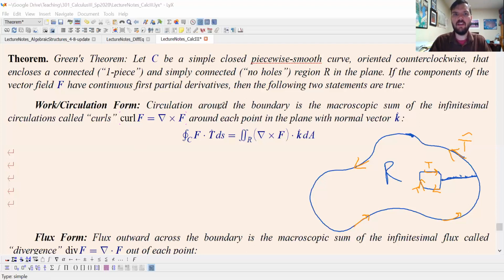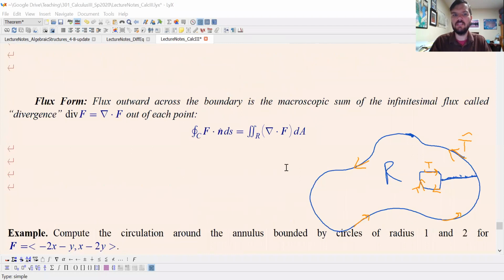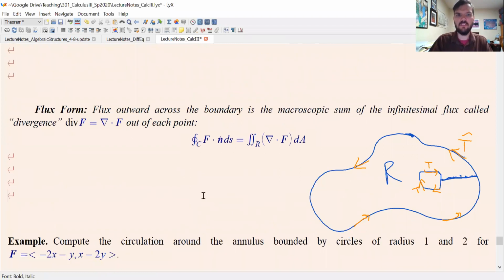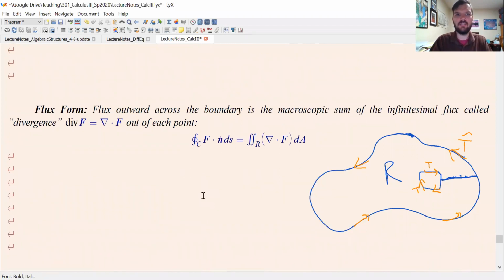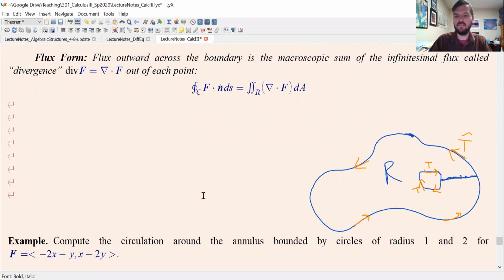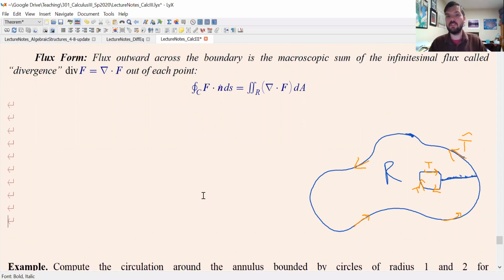Well, let's see how this idea works out in the second form of Green's theorem, the flux form. The first one is the circulation or work form. This is the flux form. Again, circulation is work done all the way around.